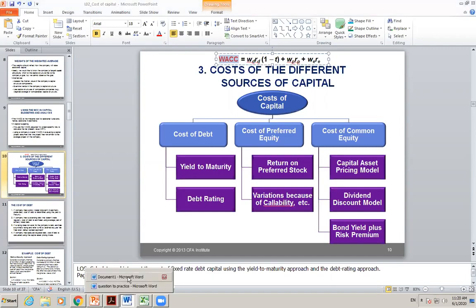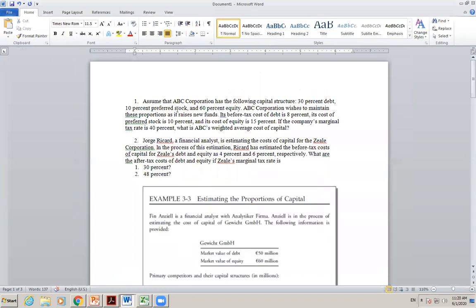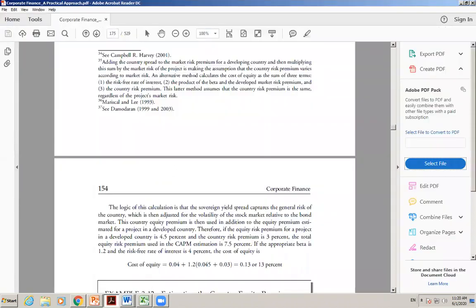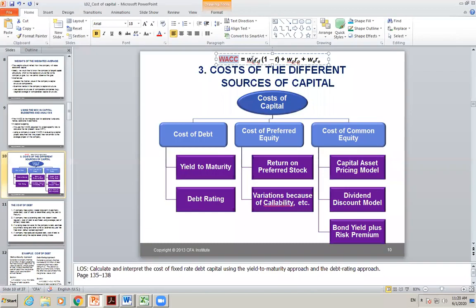Okay, let's go with some questions. Let's go with the first question. Assume that the ABC Corporation has the following capital structure: 30% of debt, 10% of preferred stock, and 60% of equity. So now we're working on the weighted average, okay? Once we are done with the estimation of these proportions, then we will go with estimation of cost of debt, cost of preferred equity, and cost of common equity.